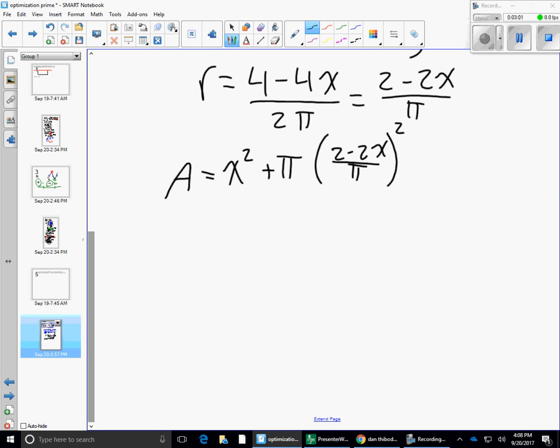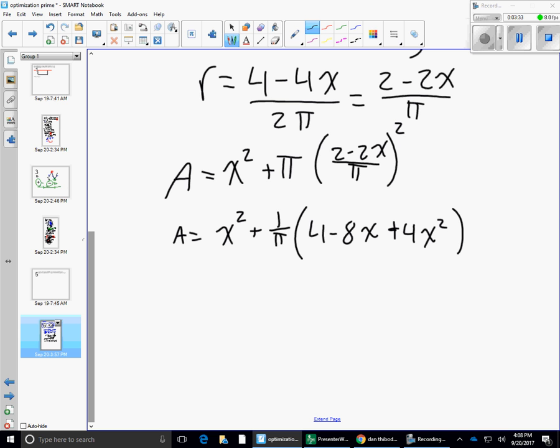So I am going to skip a little bit of the algebra because I feel this is something you guys can work out. And I'm going to say A is equal to, and then finally we'll have x squared plus 1 over pi times 4 minus 8x plus 4x squared. All right, so this is our area.